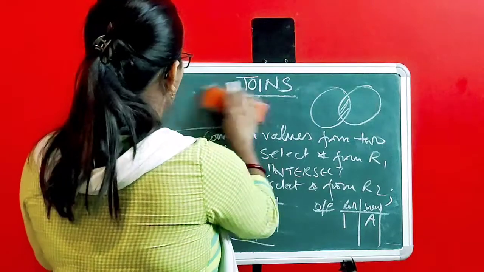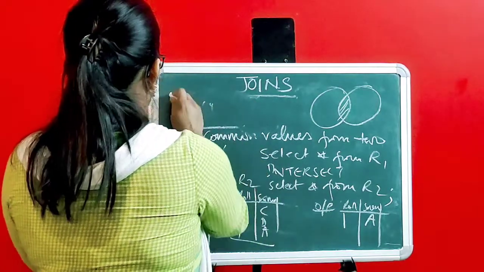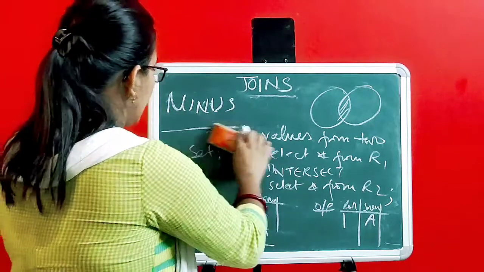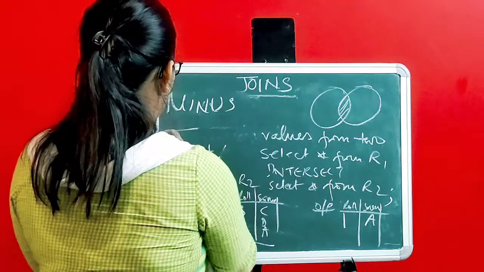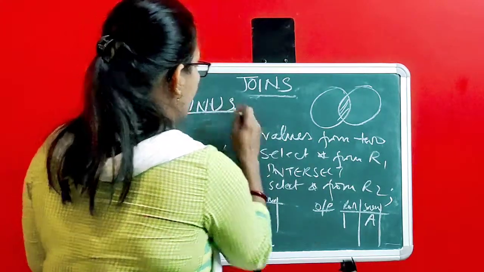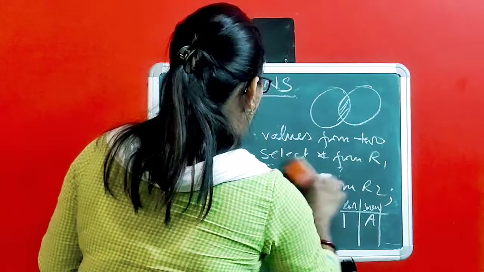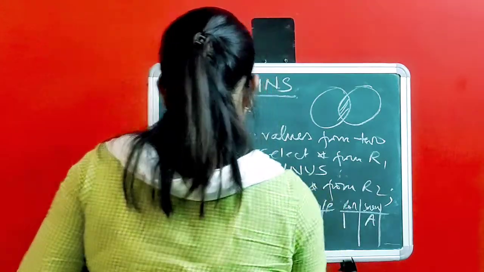So try to understand the minus join here. With the same tables, I am going to write minus.